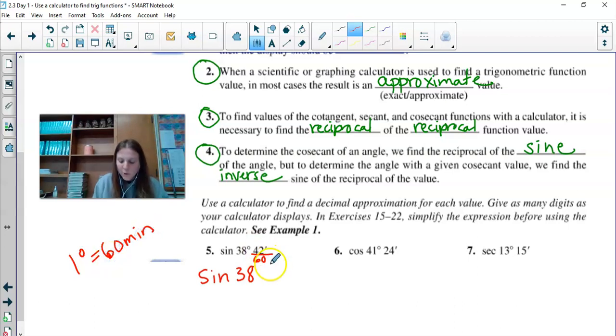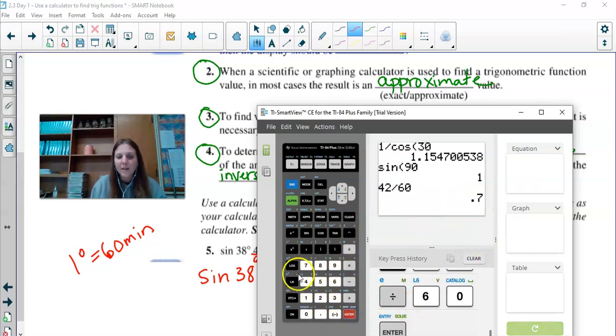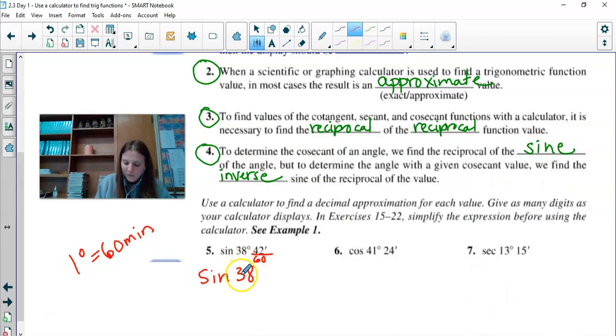So all you have to do is divide by 60. So 42, here, let me clear this first. 42 divided by 60, and I get 0.7. So instead of 42 minutes, I'm going to put 0.7 into my calculator. So this will be sine of 38.7. Okay, now I'm going to find out what that is.